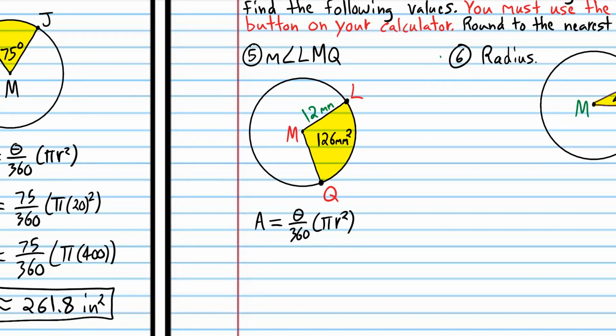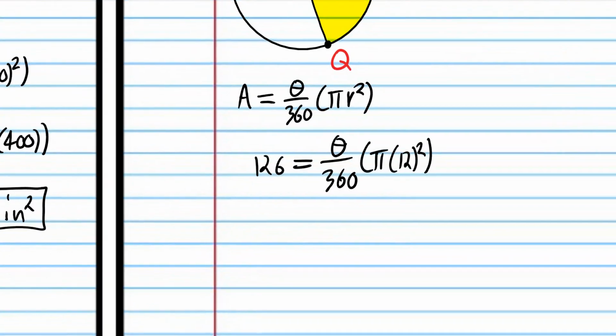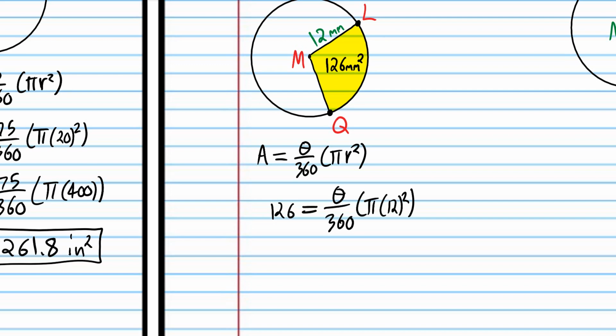We know the area of the sector. This is the area of the sector. So now we're plugging in area. So 126 is equal to theta, which we don't know, over 360 times pi times r squared, and r is 12. So now I'm going to go ahead and square 12.